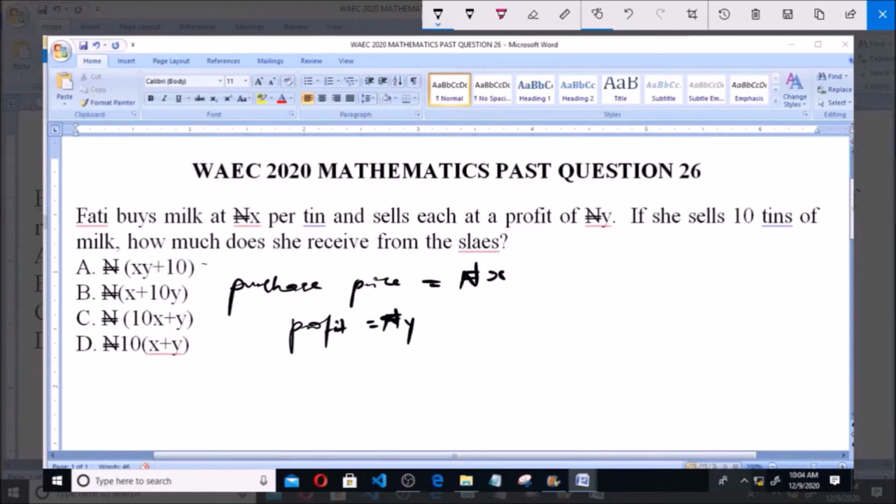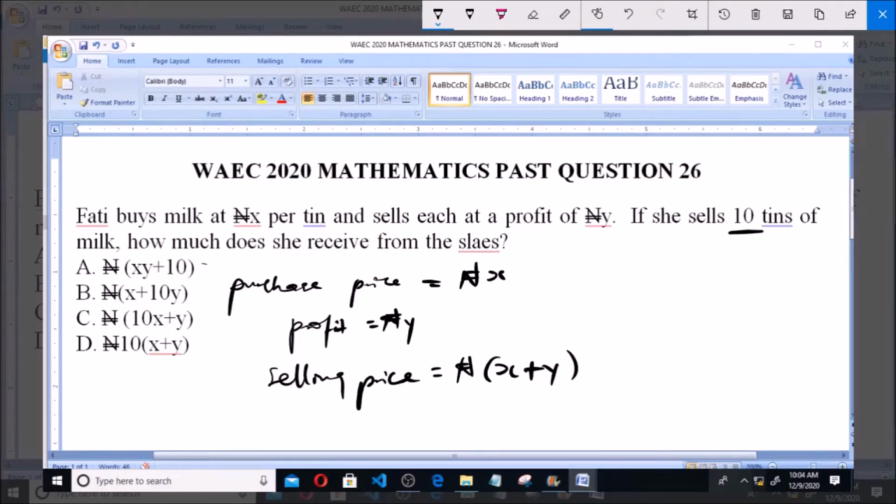Now, to get her selling price for a particular tin that she sold, the selling price will be equals to the price she bought it, which is the purchase price, that is X naira plus the profit Y naira. Now, since she sold 10 tins, we simply multiply the selling price by 10, because the selling price is just for one item.